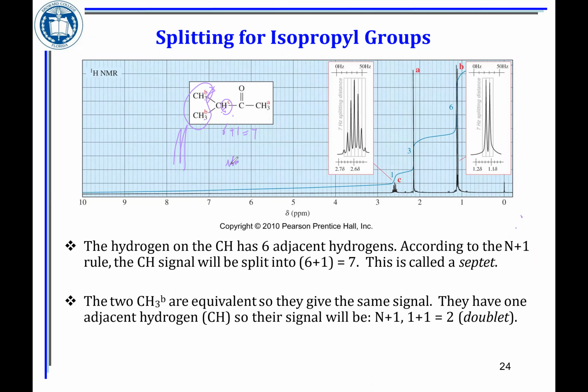So if you see a short and crowded peak, suspect an isopropyl, especially if you see a doublet next to it. If you magnify it, you see that it is a septet. And then the doublet is coming from the CH3s attached to the isopropyl.